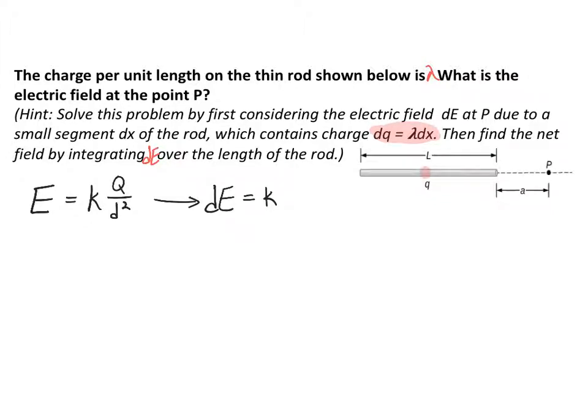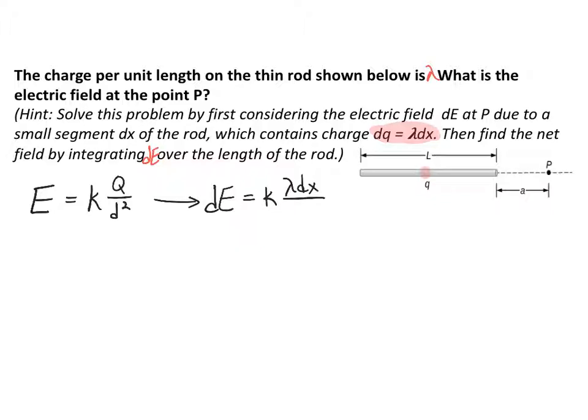I can't differentiate charge, but I can do derivatives on length, things that have that sort of Cartesian vibe, if you will. Okay? So knowing that, so now instead of having q in there, I'm going to change it to lambda dx. And instead of distance squared, well, d is nowhere in it, I have L and a.